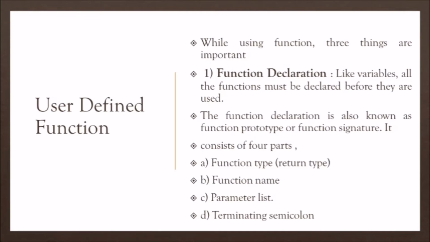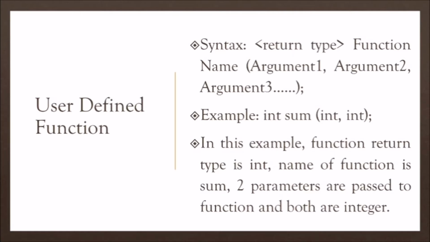A function declaration has four parts: return type, function name, parameter list and the semicolon. Let us see the syntax. First we write the return type of the function, whether it is void, returning nothing, or an integer for returning an integer value.